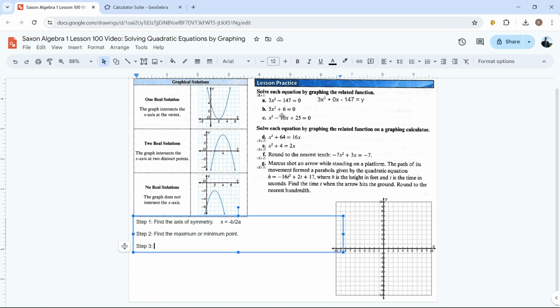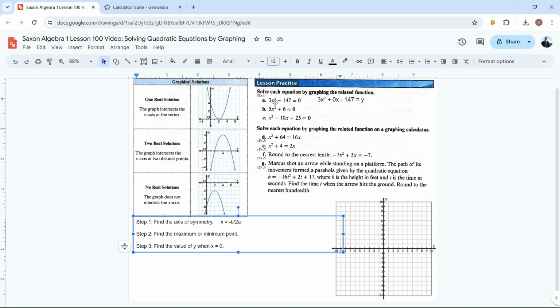Step 3 is to find the value of y when x equals 0. So you plug in 0 for x, but wait a second. We already did that because our axis of symmetry is at 0, so we plugged in 0 for x.